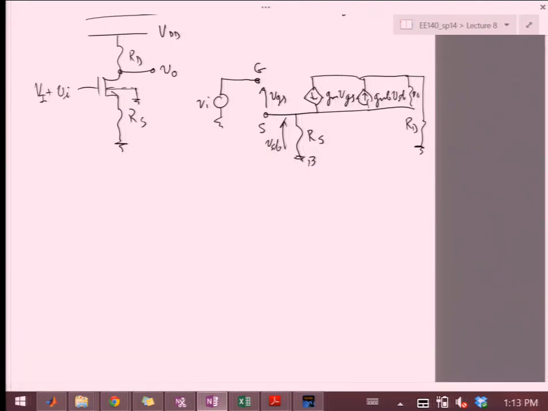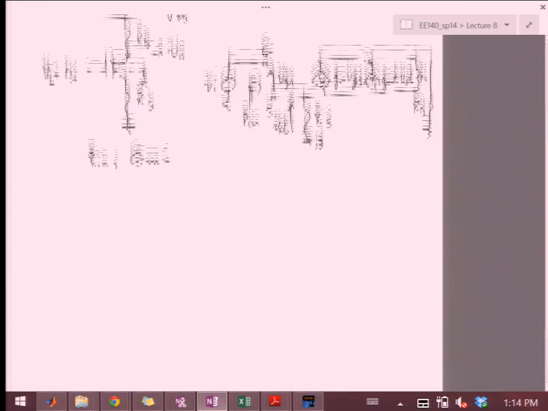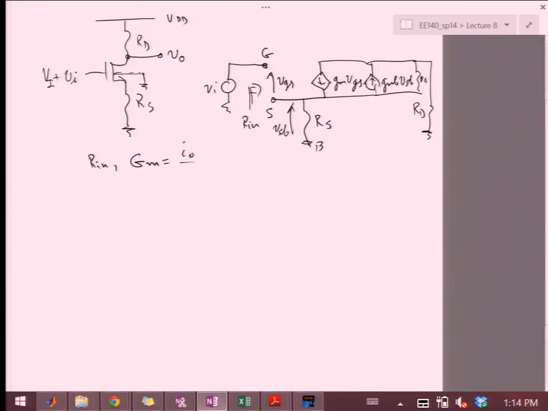As we did with these amplifiers, there are essentially three quantities we're interested in, so that we can compute the gain of this block and then use it throughout, let's say, a multi-stage system. So we're interested in Rin, which is the input impedance, or in this case, resistance. We're interested in the Gm, which is the overall transconductance, and the definition was I out over Vi for V out equals 0.